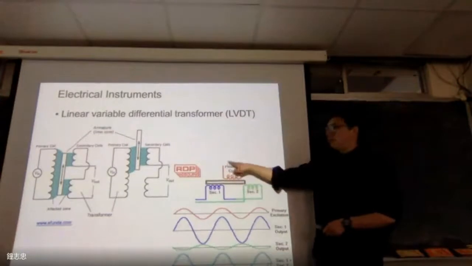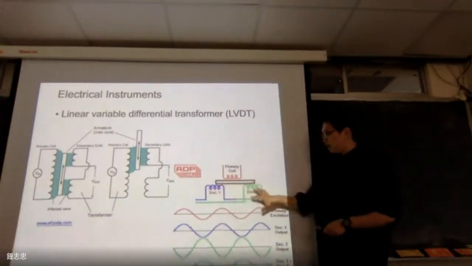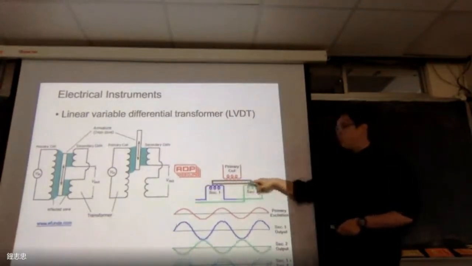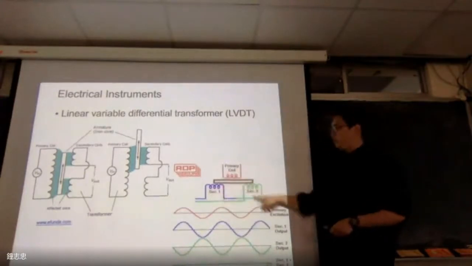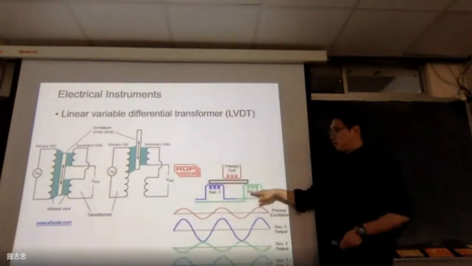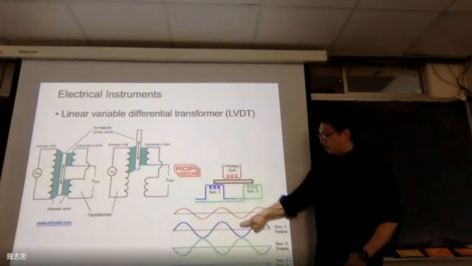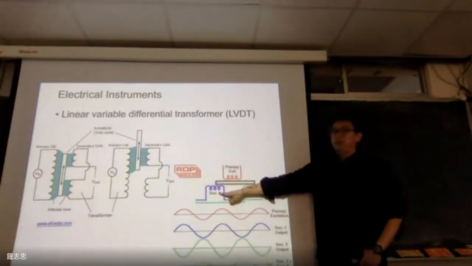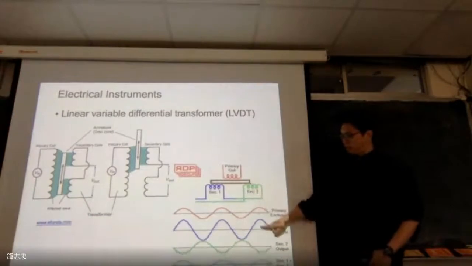This is the source. This is the secondary, first part and the second part. So if I have a change of the electrical field, because right now this is an electromagnetic field, so if I change the status, I may have a different response from the secondary coil, part 1 and part 2.